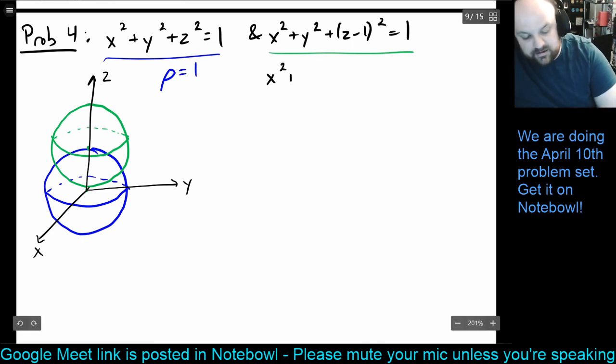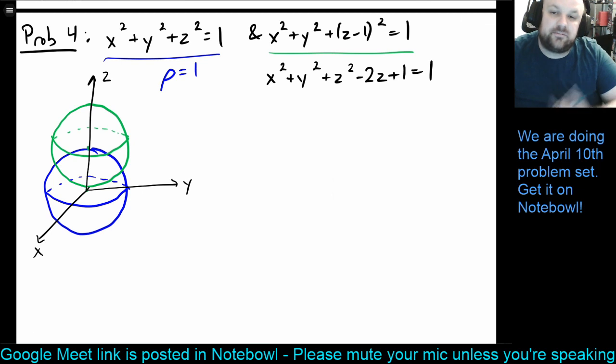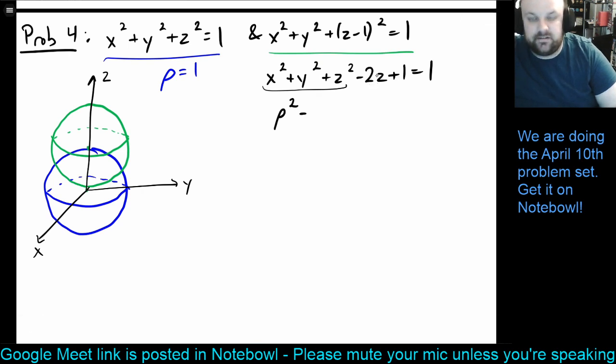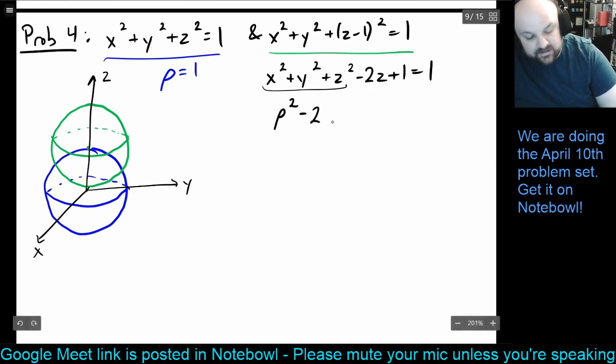To do that, I recommend multiplying this part out. And let's start switching pieces here. So again, we know x squared plus y squared plus z squared is just rho squared. Minus 2z. Well, remember, z is rho cosine of phi.